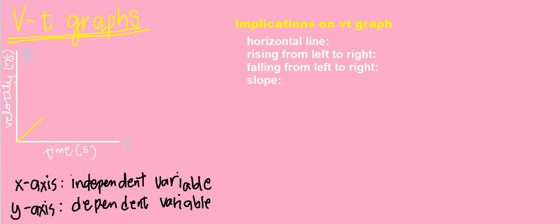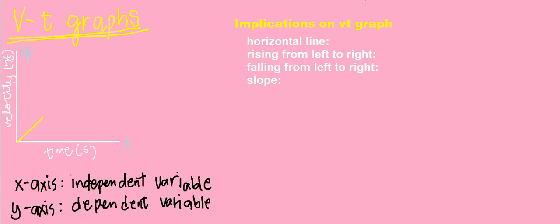Copying some questions from the graph trends, these are some of the implications that you looked into using the PhET simulation on the moving man. The following are implications on the VT graph. You can pause the video if you want to recall what the implication is.